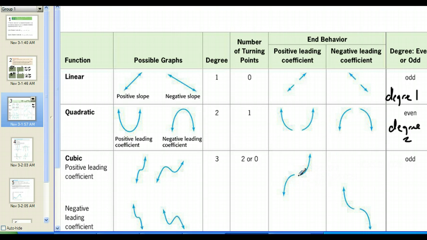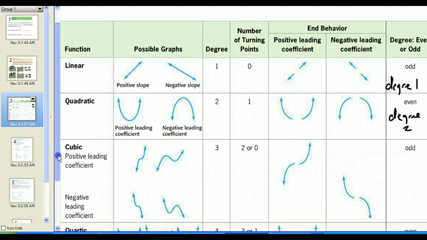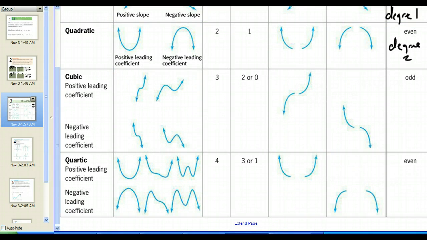Alright, and now make your way to the two new ones we talked about, cubics and quartics. Now the thing about these that's different than lines is we don't exactly know what's going to happen inside the end behavior. See, this has a subtle little turn; it doesn't turn drastically like this one does. It just has a slow turn and then it turns right back up.